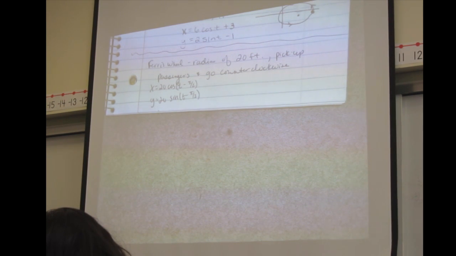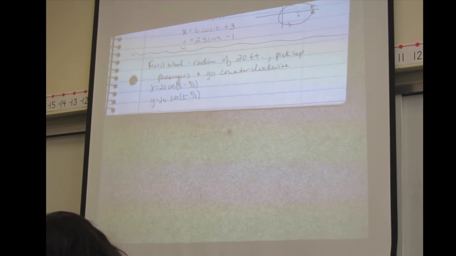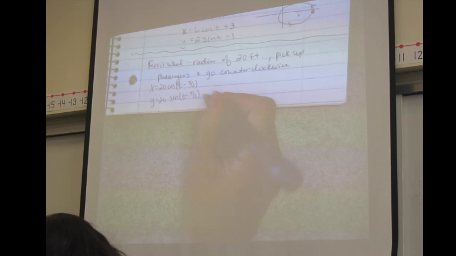Okay, so now I want my Ferris wheel to be in the sky, up here, right? Like that, right? So now I need to add 20 to the y, okay. All right, so now we have this, correct?